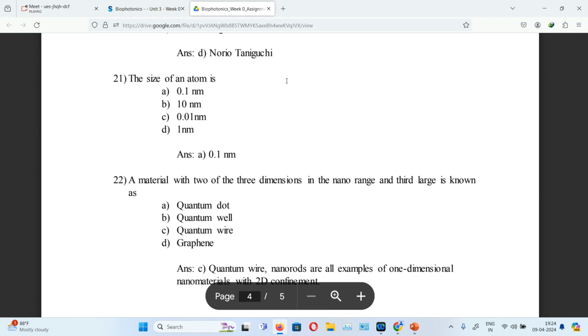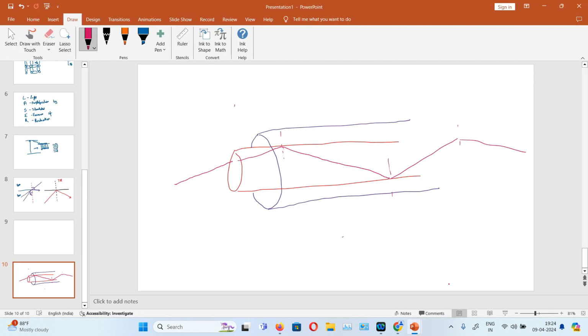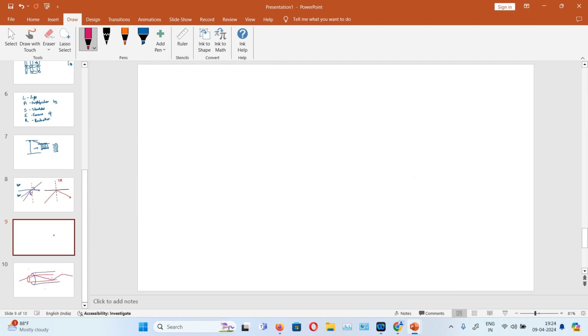The material has two of three dimensions in the nano range, and the third is large. How will it be represented? Two sizes, x and y, are in the nano range, and z is long.